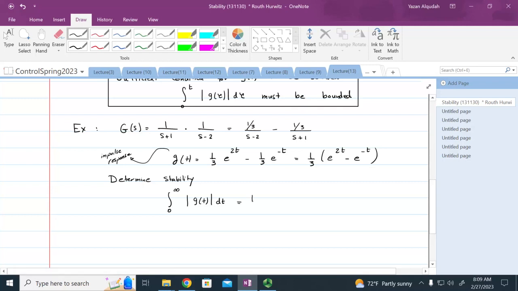And if I integrate this, it's going to equal 1/3 the integration from 0 to infinity of e to the 2t minus e to the negative t dt, which is going to equal 1/3 multiplied by [1/2 e to the 2t plus e to the negative t] from 0 to infinity.